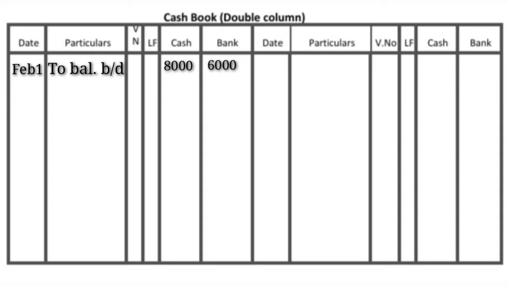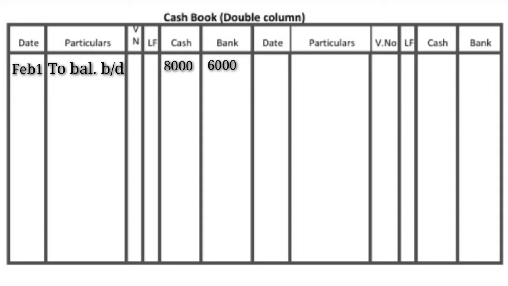This also we need to record in the cash book. We know the journal entry: bank account debit to cash account. Bank is increasing and cash is decreasing. When cash is decreasing we will credit, and when bank is increasing we will debit, right?